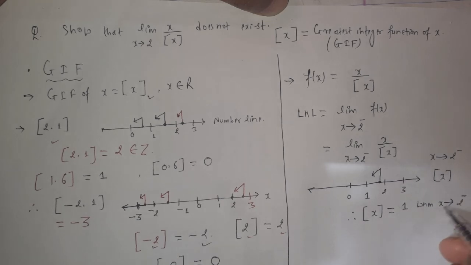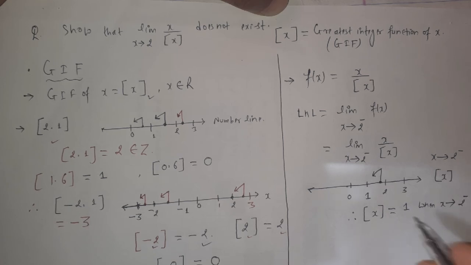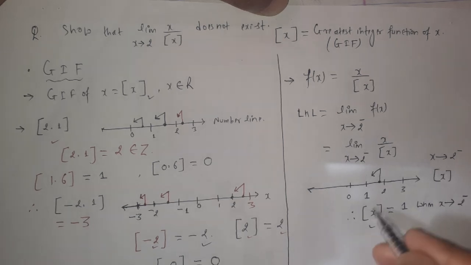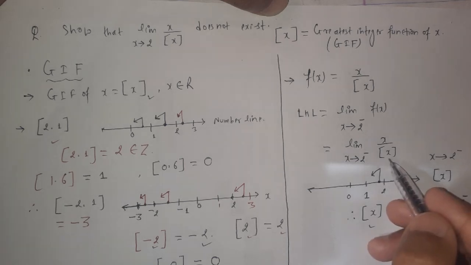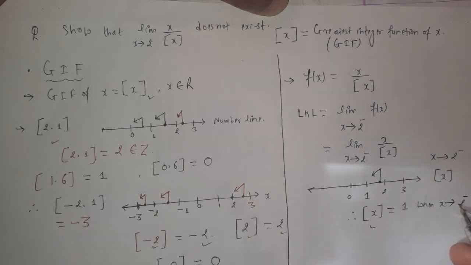Here we take all the values of x just less than 2. So we calculate the greatest integer function of x as x approaches 2 from the left, and the value is 1.